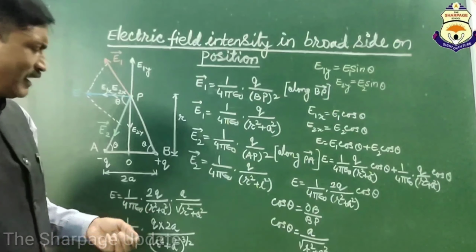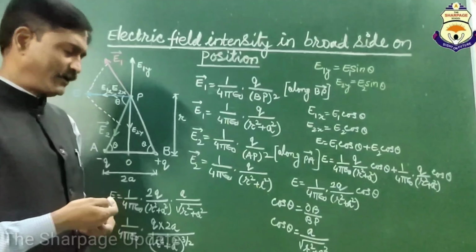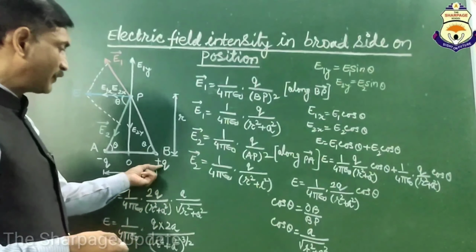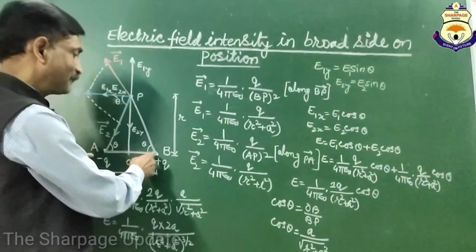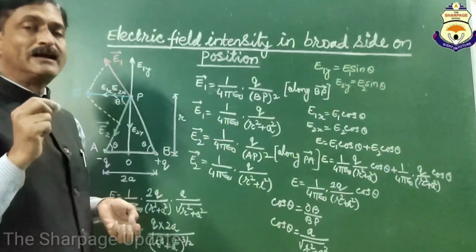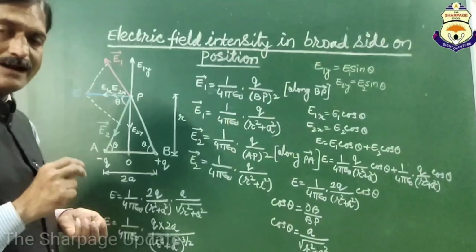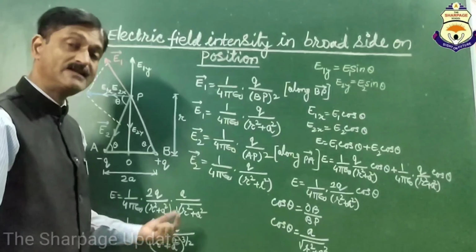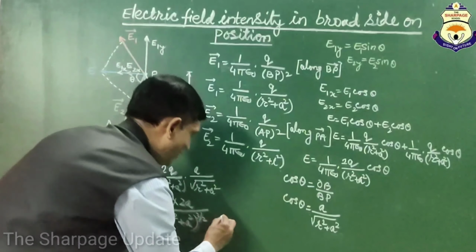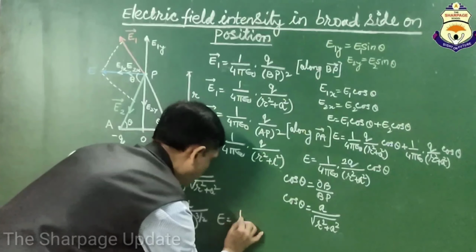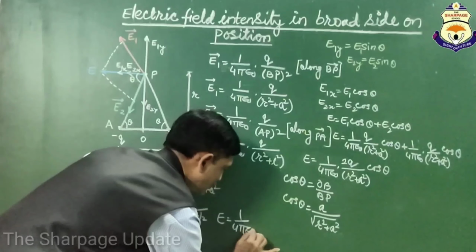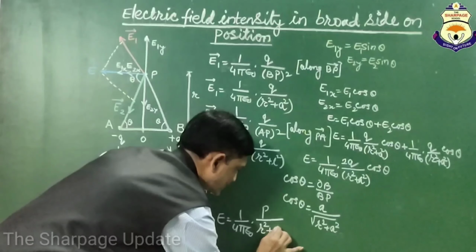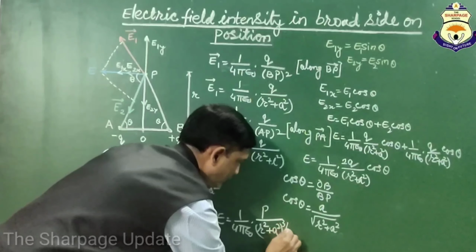As I have told you in previous videos, the product of q into 2a, meaning the magnitude of one charge of this electric dipole times the separation between them, is known as electric dipole moment, and it is represented by P. So E equal to 1 upon 4 pi epsilon 0 into P divided by (r square plus a square) power 3 upon 2.